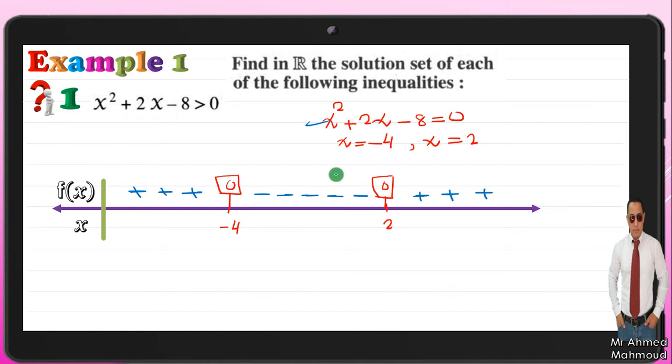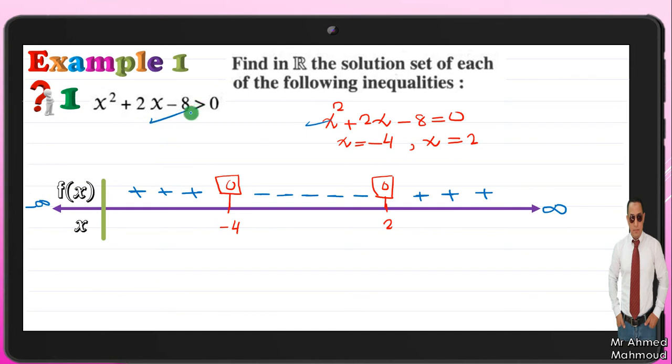Now we need what? The sign is negative between negative 4 and 2, positive from negative infinity to negative 4, and from 2 to infinity.